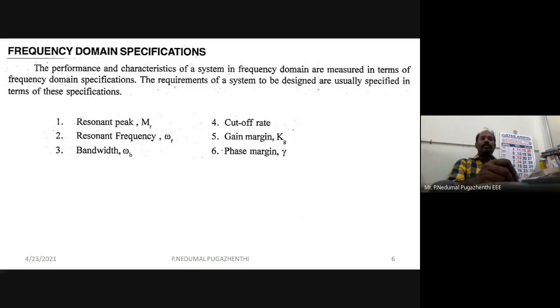The most important two are gain margin and phase margin, through which your stability can be analyzed. We also have gain crossover frequency and phase crossover frequency, which we will discuss when dealing with Bode and Polar plots. So these 6 are the main frequency domain specifications we are going to discuss.